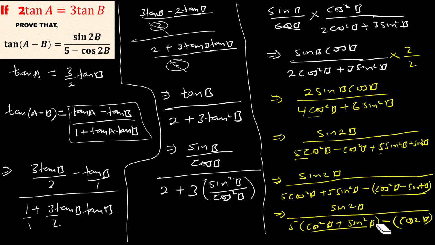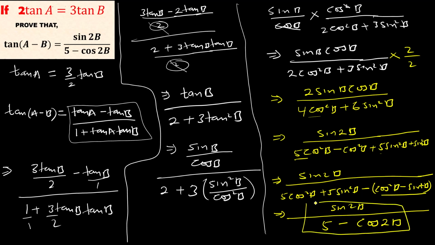So I'll put 1 here. So 1 times 5 is simply 5. So we have 5 minus cos 2B. All right, so this is the proof.